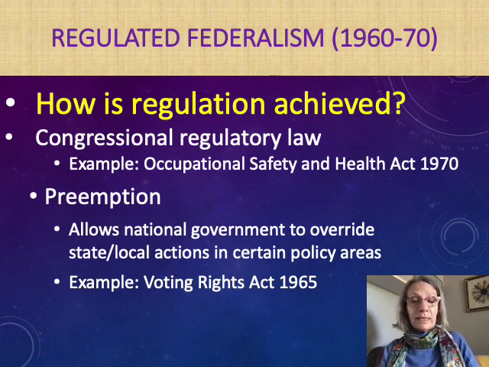And so the Voting Rights Act basically nullifies state laws that are seen as racially motivated and making it much tougher for racial minorities to vote. So that's a good example of preemption, but it's also a good example of the kinds of laws that were passed during the regulated federalism time period.